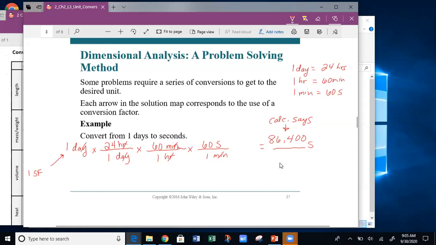And it seems like it would make the most sense just to express our answer this way. But we can't. Since our first measurement was one significant figure, we need to round this to one significant figure. So I'll write it again, 86,400 seconds.